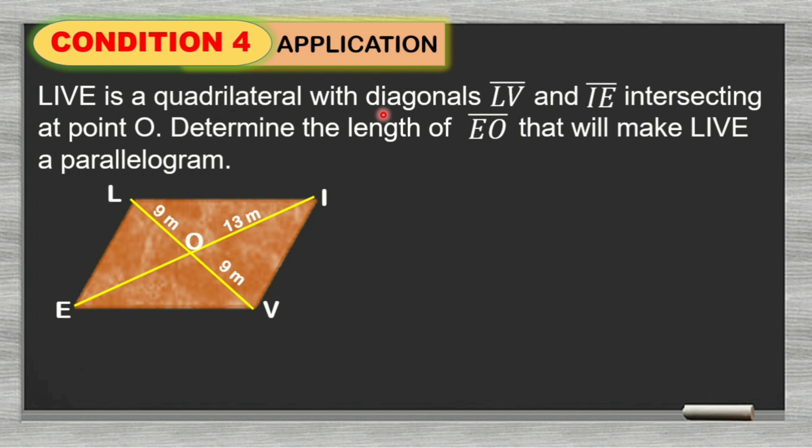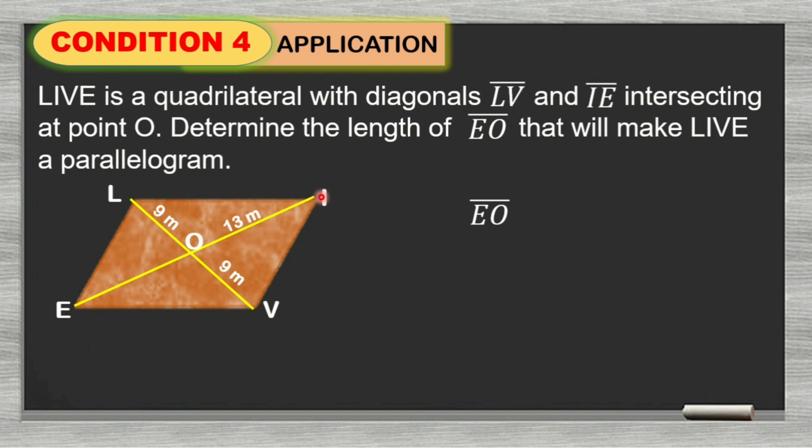LIVE is a quadrilateral with diagonals LV and IE intersecting at point O. Determine the length of EO that will make LIVE a parallelogram. Okay, so ganun uli yung gagawin natin pag-solve. Una, isusulat muna natin yung unknown na part, which is yung segment EO, dahil yun ang hinahanap. Sulat muna natin, segment EO, tapos yung congruent part niya. So ano ang congruent part ng EO?